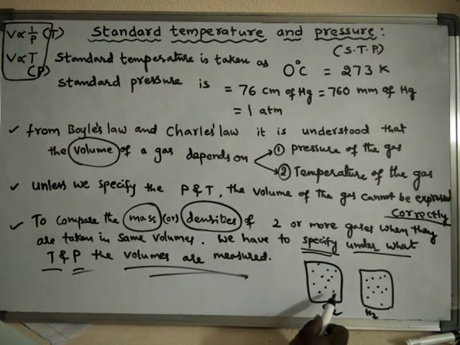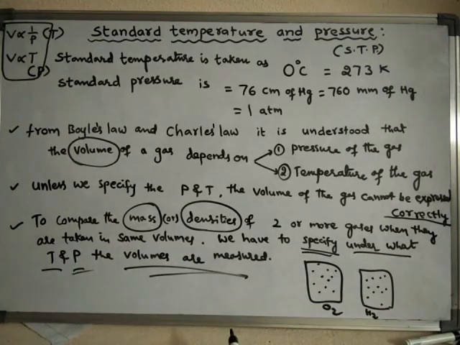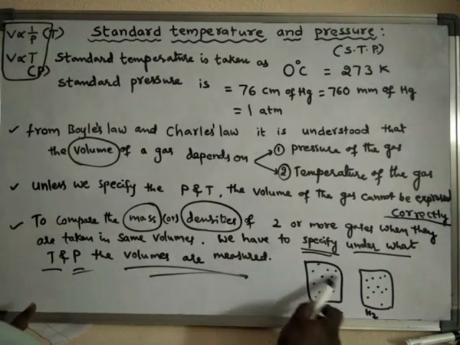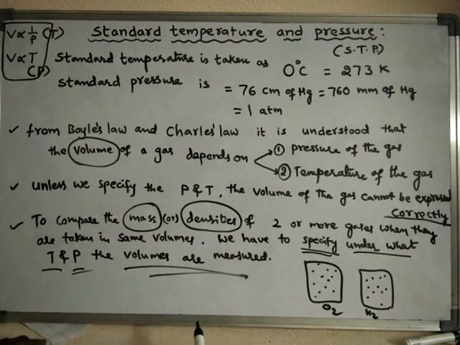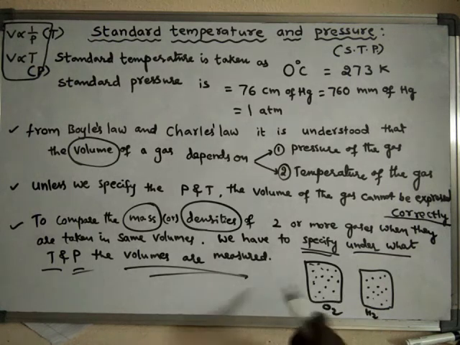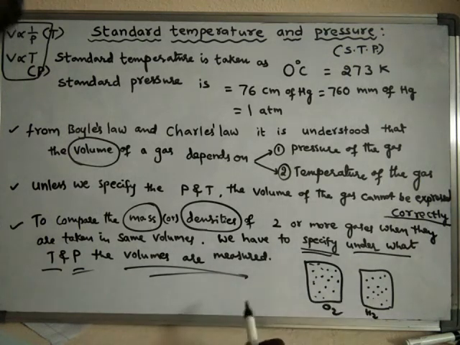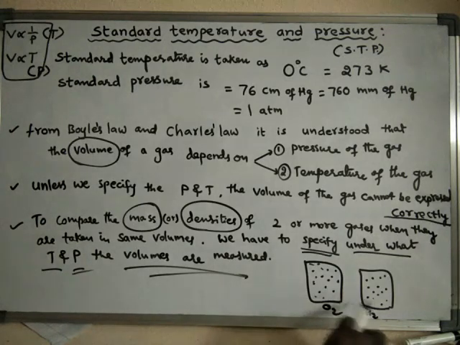See, both oxygen and hydrogen are taken in the same volume, but we have to mention under what temperature and pressure the volume of oxygen is this much, and under what temperature and pressure the volume of hydrogen is this much. So in order to compare the masses of the two gases, we compulsorily have to specify the temperature and pressure when both of them are taken in the same volumes.